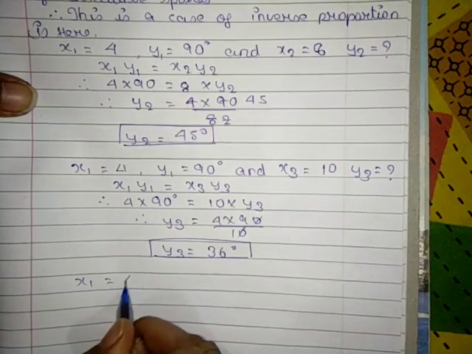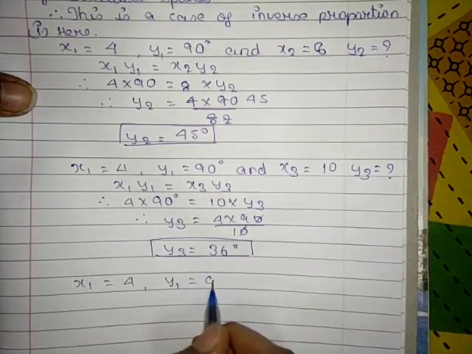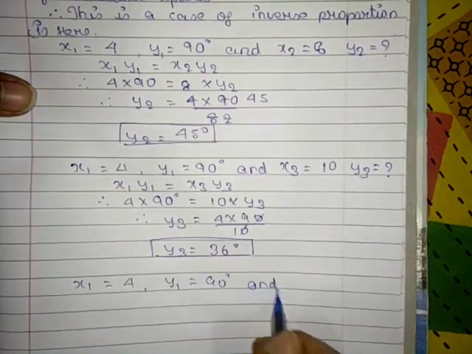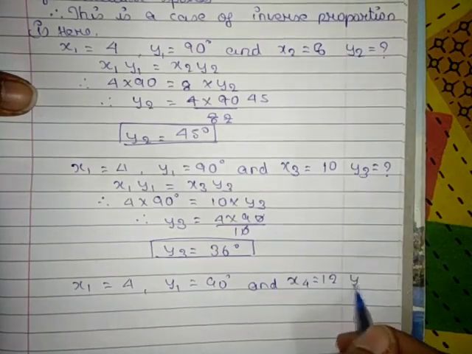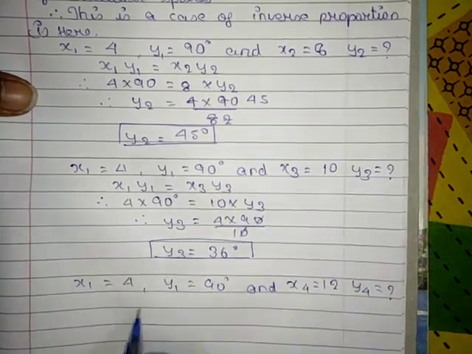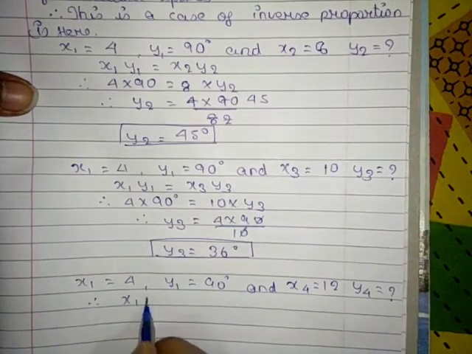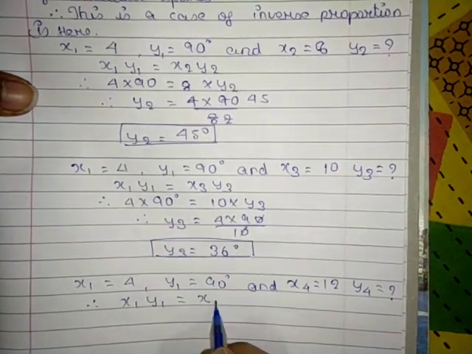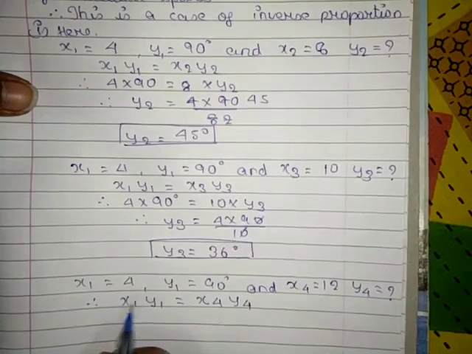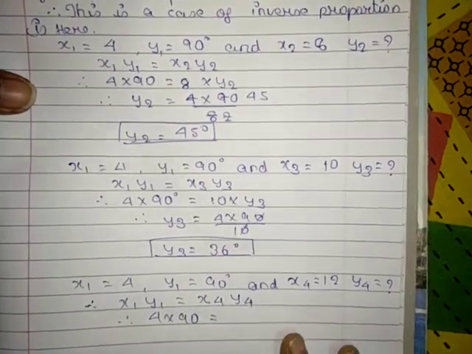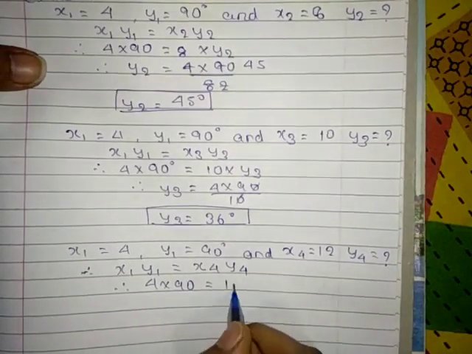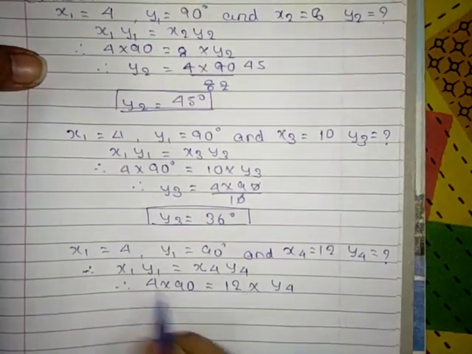Next, again we will take x1 y1, and now we have to find out the value of y4. x4 is equal to 12 and y4 we have to find out. Therefore x1 y1 equals x4 y4. So 4 multiplied by 90 is equal to 12 multiplied by y4.